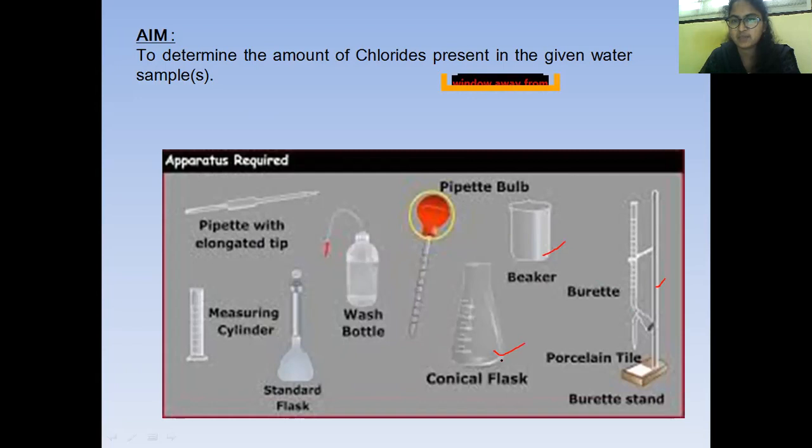What is the purpose of conical flask? For titration purpose, burette for sample purpose, and also measuring cylinder, wash bottle, pipette bulb and pipette with elongated tip. These are the different apparatus used for the determination of chloride test.